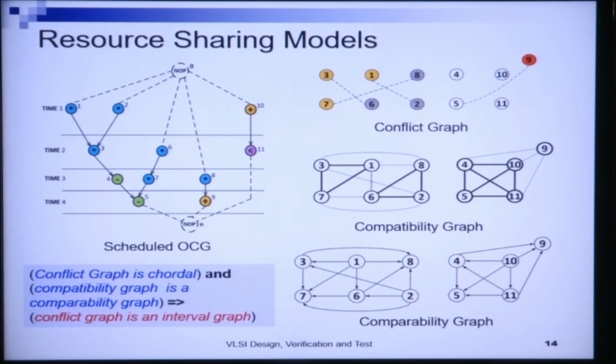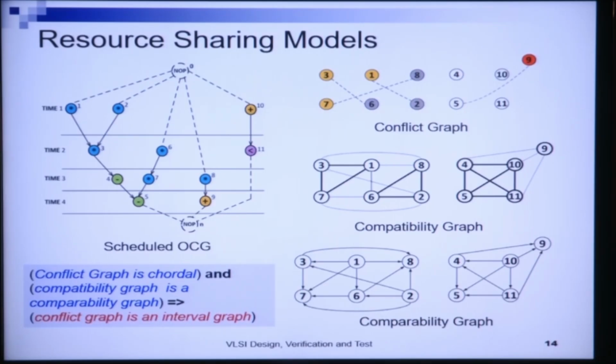Here this conflict graph is a chordal graph because there are no cycles of more than 3. In fact, there are no cycles in this graph, and hence this conflict graph is a chordal graph. We have seen that this compatibility graph is a comparability graph. We have already understood this, and therefore, this conflict graph now becomes an interval graph.